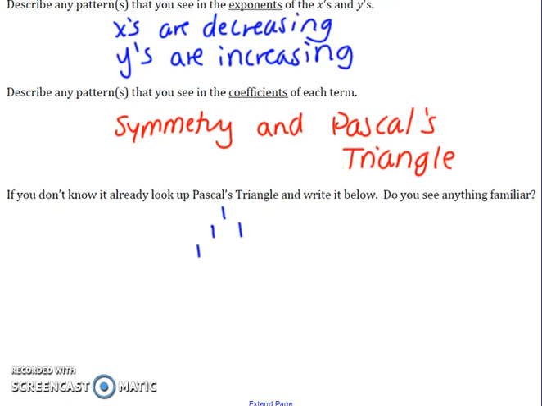So 1 plus 1 is going to give me 2, and then I have 1 on the outside. 1 on the outside, 1 plus 2 is 3, 2 plus 1 is 3, 1 on the outside. 1 on the outside, 1 plus 3 is 4, 3 plus 3 is 6, 3 plus 1 is 4, 1 on the outside. 1 on the outside, 5, 10, 10, 5, 1.